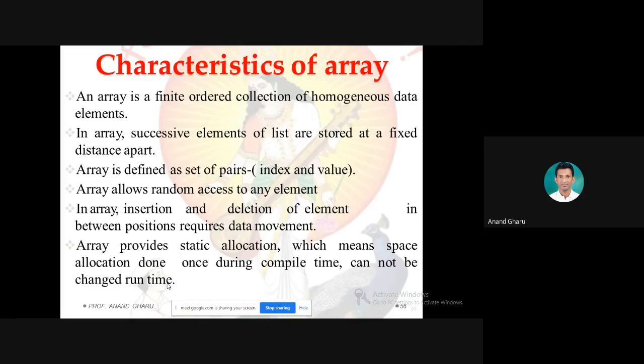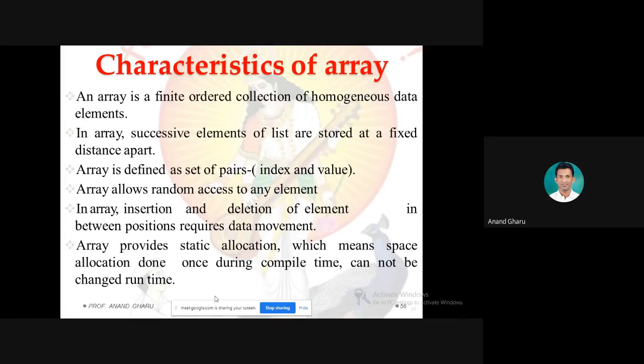When we write code in the editor, at that time memory is automatically assigned to the particular variable. So that's the compile time. But when you actually run the code, at that time the assigned memory cannot be changed.